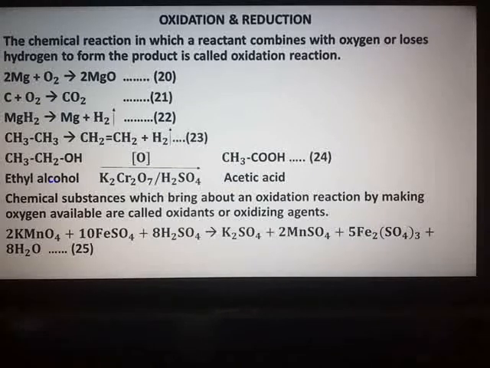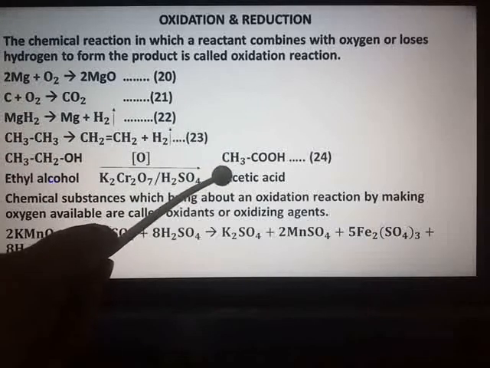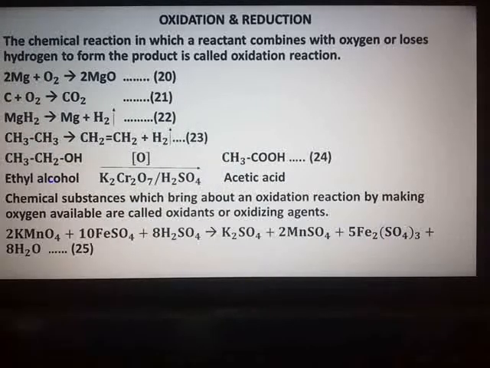Now some oxidation reactions are brought about by the use of specific chemical substances. We take up an example over here. CH3 single bond CH2 single bond OH, that is ethyl alcohol, undergoes oxidation forming acetic acid but does not undergo oxidation naturally on its own.